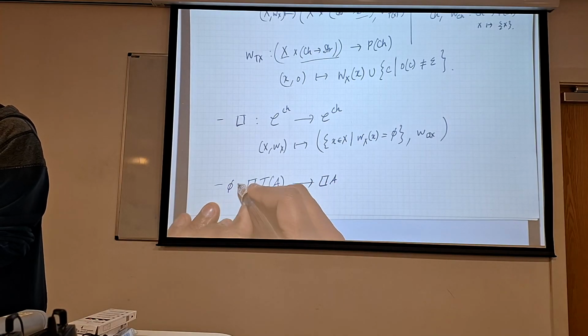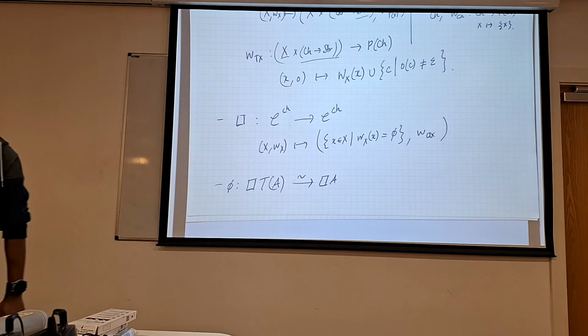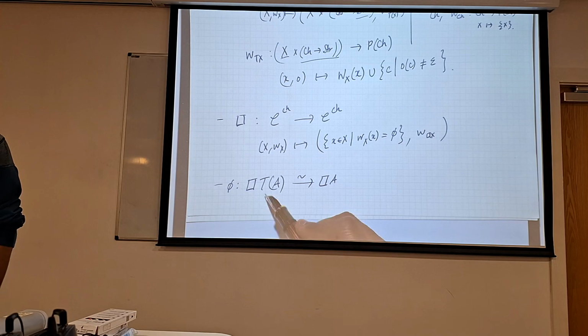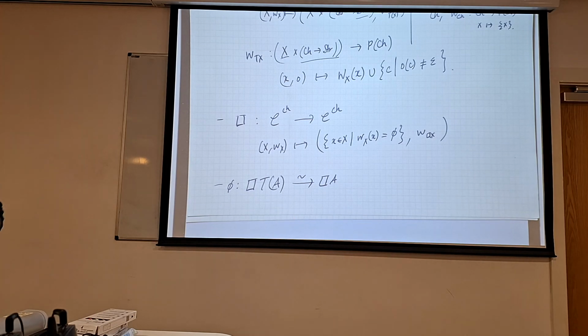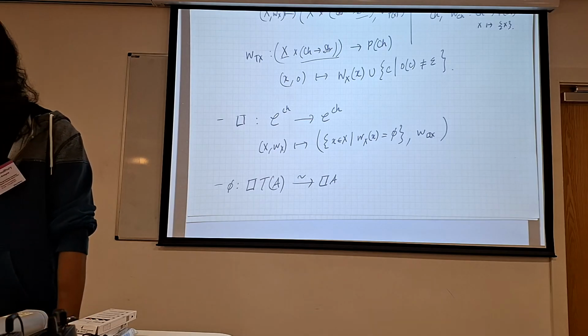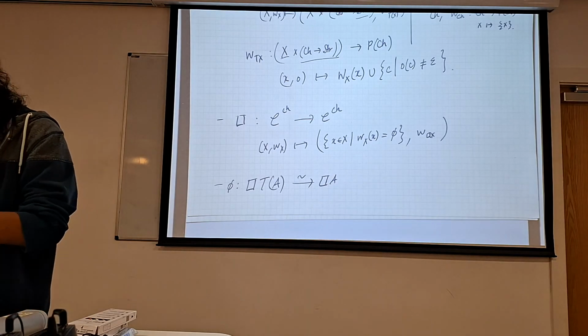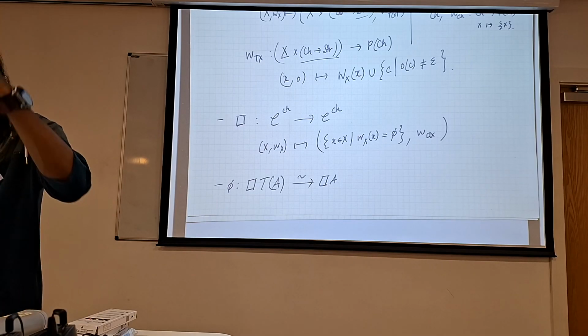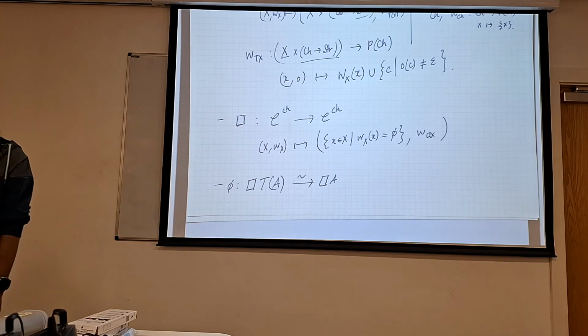And this is a natural isomorphism in A. So T of A says these are all the channels that I'm going to use, and box says no, you cannot use any channels. These two things cancel out, and that's the strongest thing you can say. So at the end, you'll still have no channels.